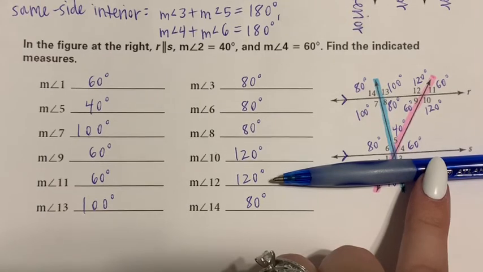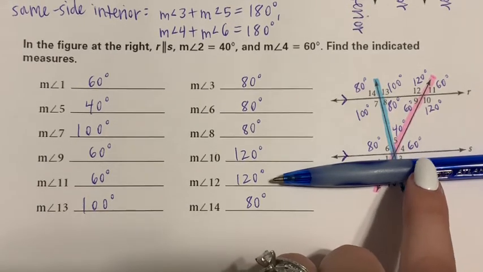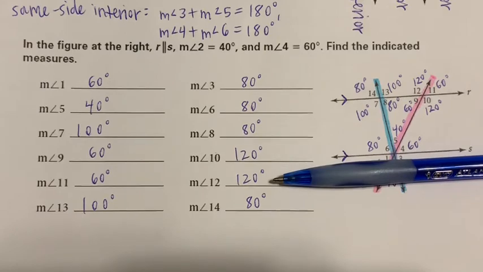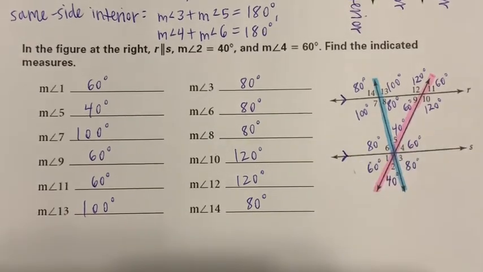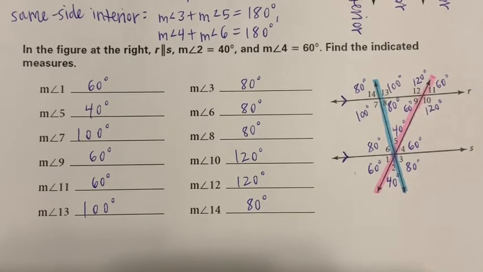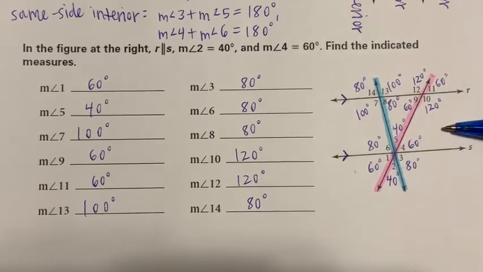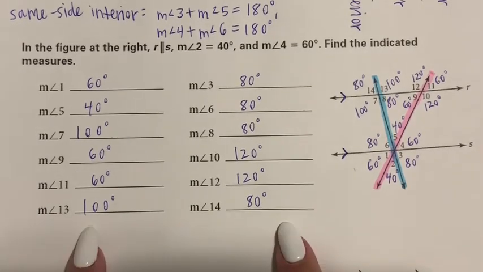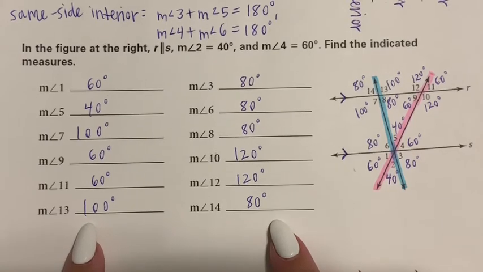Or in other words, if you do 180 minus 60 minus 40, you would get 80. So you were having to use your knowledge about all of these new special angle relationships in order to completely fill in your figure. So here were the measures that I had on my figure. And then once I had my figure completely labeled, you can double check over here that you do have all of the correct angle measures.